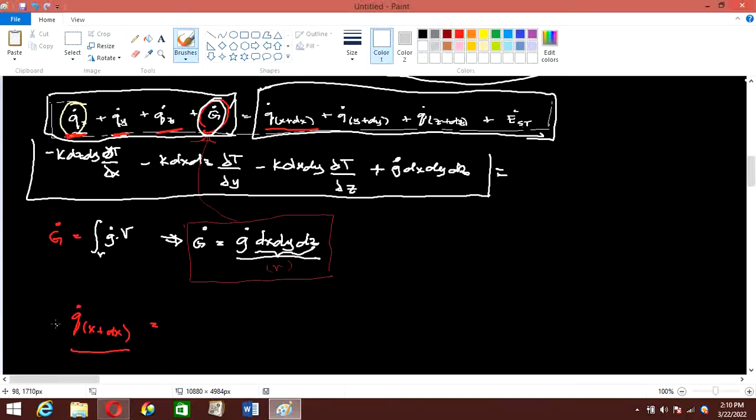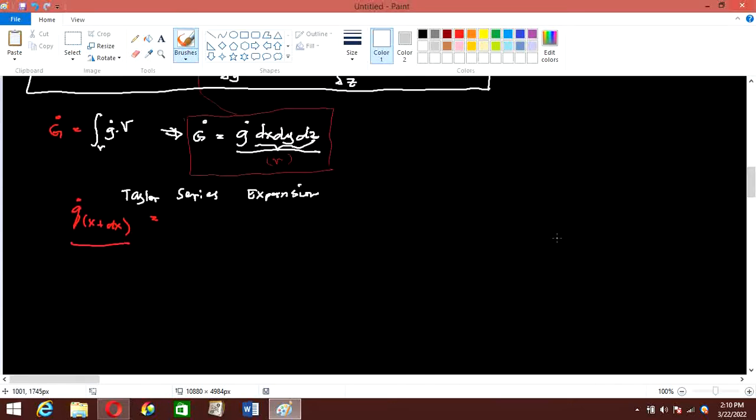So if we have an expression like this, then we can use what we call the Taylor series expansion, wherein if we have a function of, say, x plus its derivative dx, then we can expand this term by having the function of x.